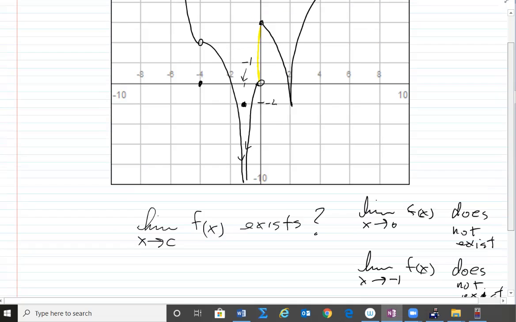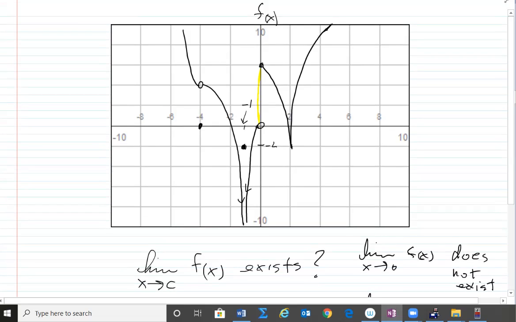Let's see, any others here? On this one here, we have a hole in the graph, and on either side, the function is getting closer and closer to this value here, which is a 4. So it looks like from our graph that the limit as x approaches -4 for f of x actually does equal 4.